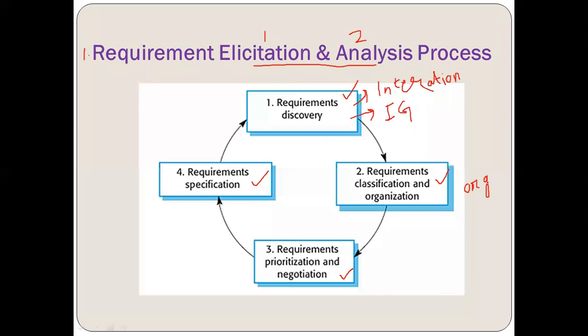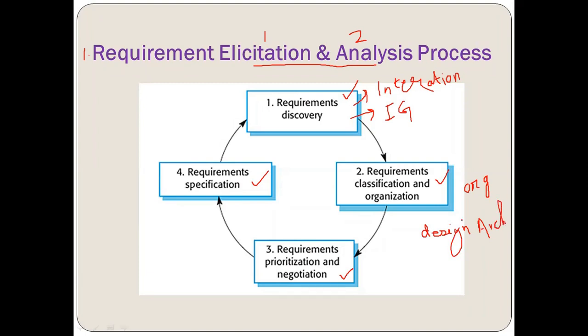Then we define the relationships between these different requirements. This classification and organization is helpful when we define the architecture design pattern, so it will be helpful in designing the architecture pattern.